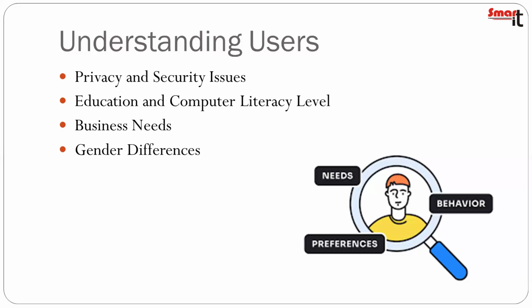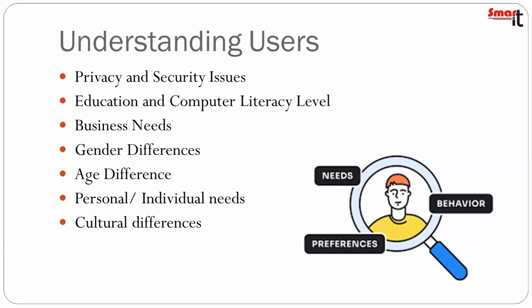So business needs, you have to consider gender differences. Even with gender differences, the preferences change, right? You have to think about those things also. And age differences: with age differences, how the user interacts with it will also be different. Personal individual needs, cultural differences also have an effect, as does human diversity.